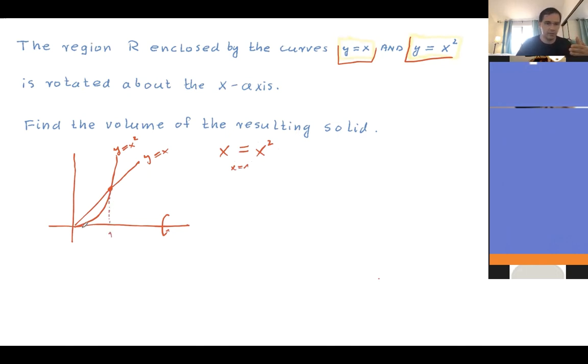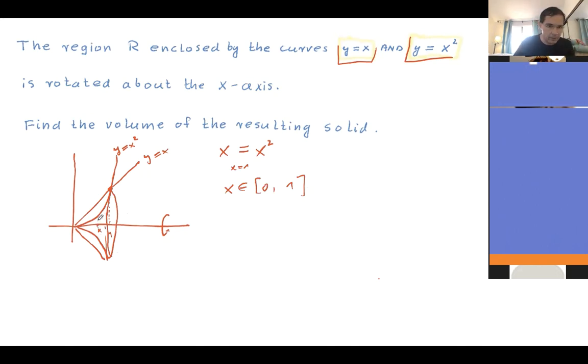So now let's do the revolution of this region about the x-axis. Then we'll get a three-dimensional solid that looks something like this. Okay, and let's compute the volume of this solid. First of all, take any point x in between 0 and 1. So here's my point x, for example, and let's do a cross-section orthogonal to the x-axis.